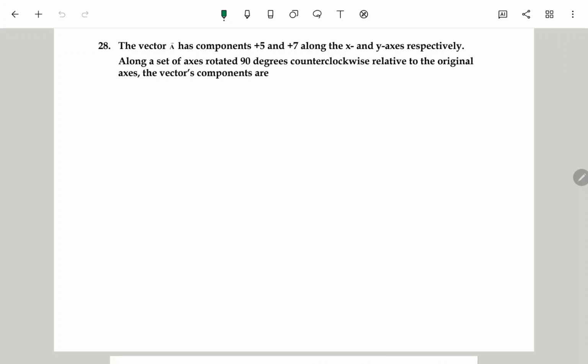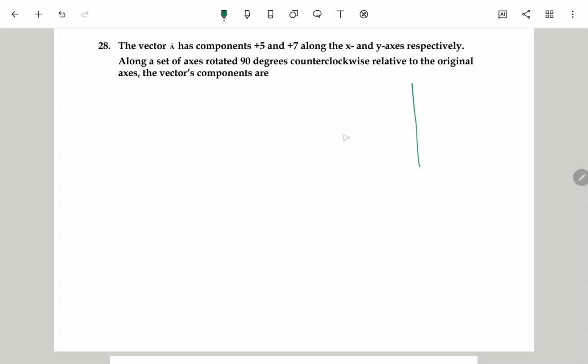Vector A has components +5 and +7 along the x and y axis respectively, along a set of axes rotated 90 degrees counterclockwise relative to the original axis. The vector's components are, now we have here two vectors.